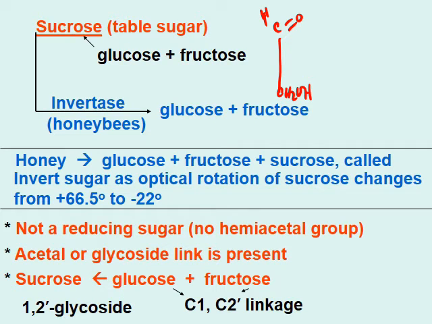So I'm writing down the structure of D-glucose. You would have the first chirality center OH on the right, the next one OH on the left, the third one OH on the right, the fourth one OH on the right. That gives you D-glucose.